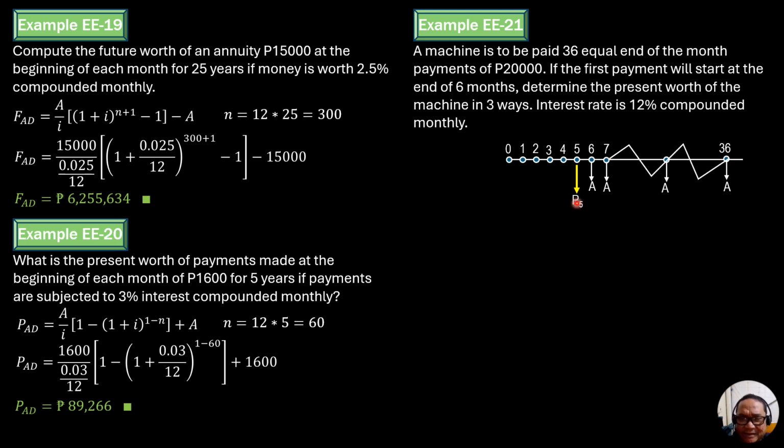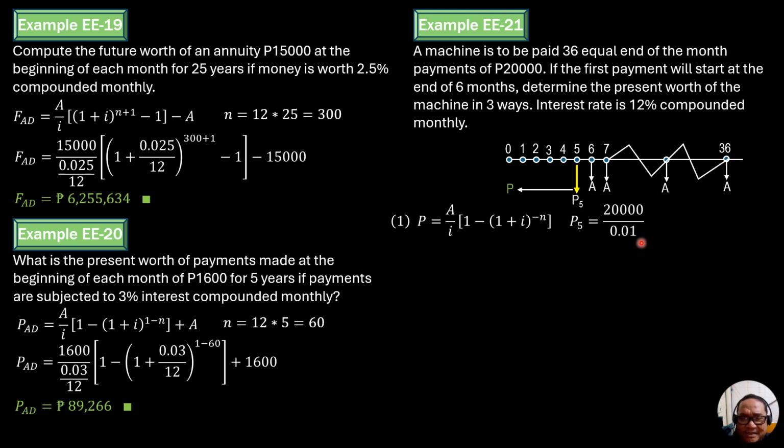Then after solving for P5, because this is a future worth, it occurs at the end of the fifth month, fifth period, so we have to project it to the present, and I'll call that P. So we divide by 1 plus I to the 5 for that case. So A over I, quantity 1 minus 1 plus I to the negative n, and n is 36 minus 6 plus 1, that's 31.